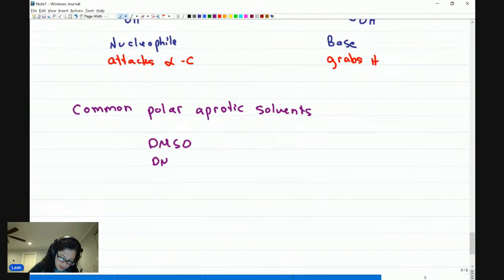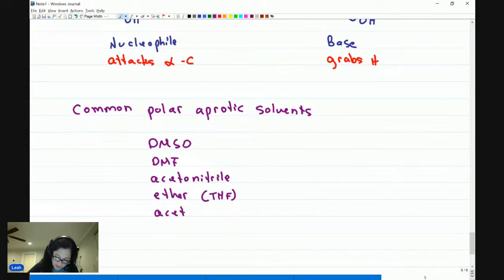DMSO, DMF, acetonitrile, ether, and the one that I had to memorize in class was THF, tetrahydrofuran, and acetone. Acetone is just a ketone, but it's a small one, so it's often used as the solvent. So these are the 5 that you should memorize for the SN2 reactions.